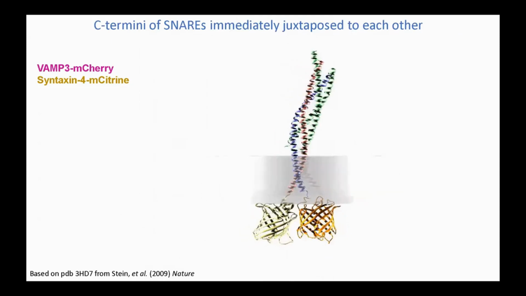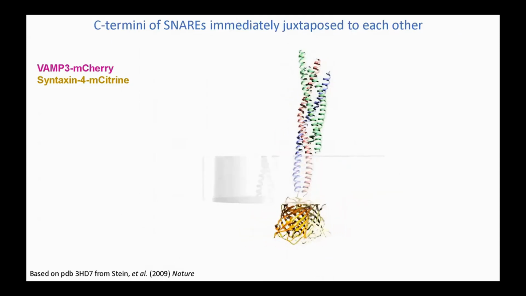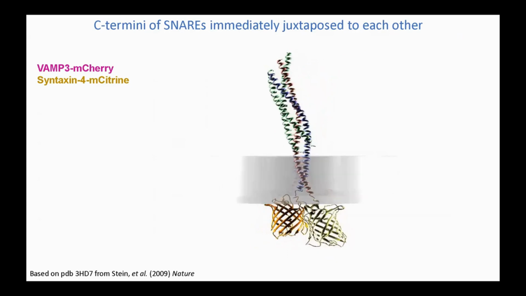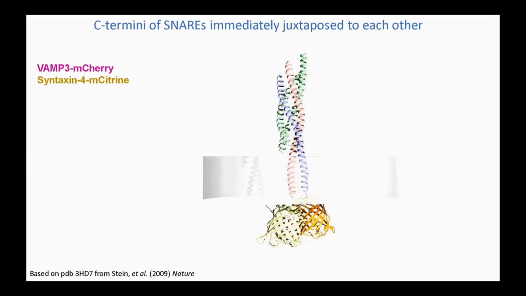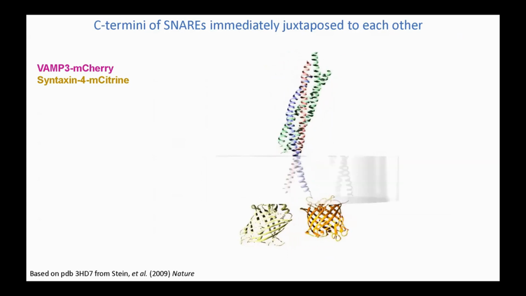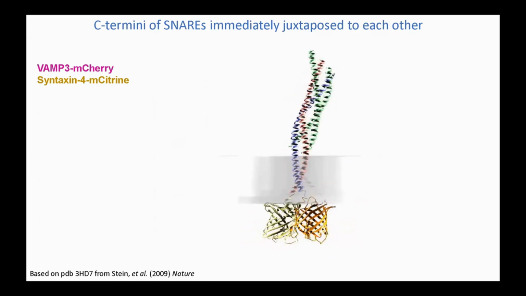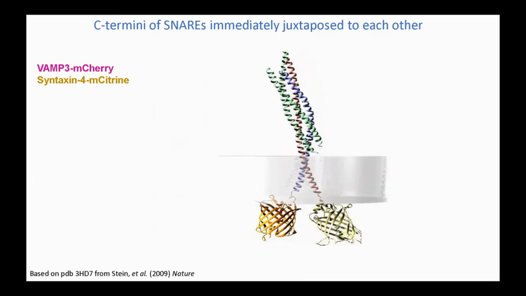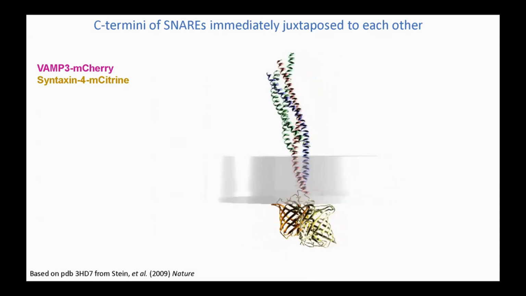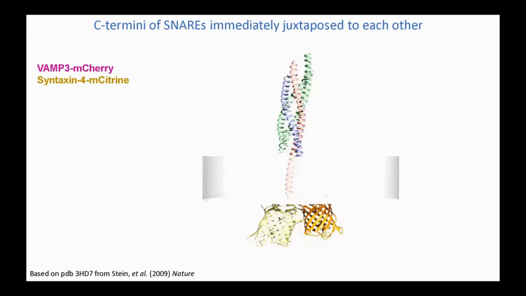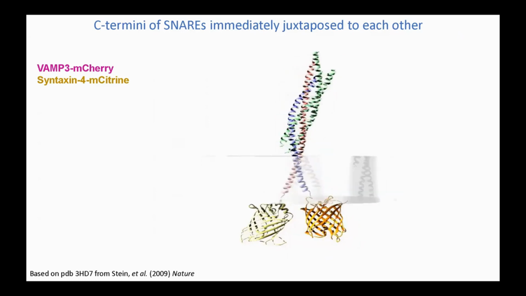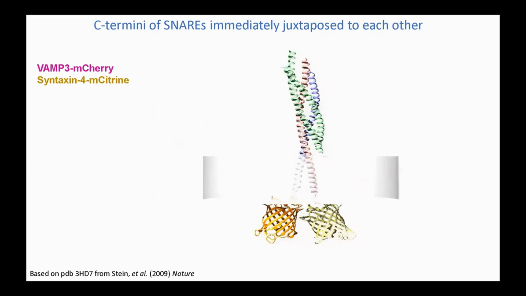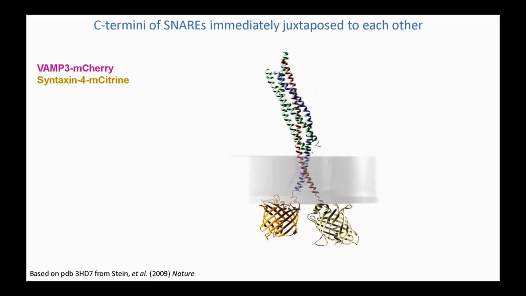So why? Because after the SNARE complex has formed, so you see here three SNARE proteins, in purple, in yellow syntaxin 4, and then in green SNAP23, from the top of my head, you see that the C-termini are immediately juxtaposed to each other, so next to each other. So if you fuse these to a donor and an acceptor fluorophore for Förster resonance energy transfer, they are ideally located for this.